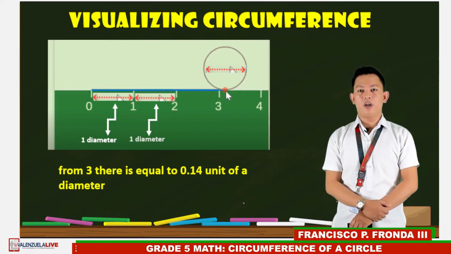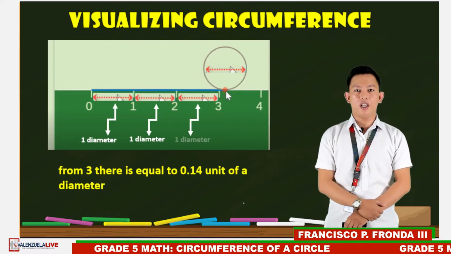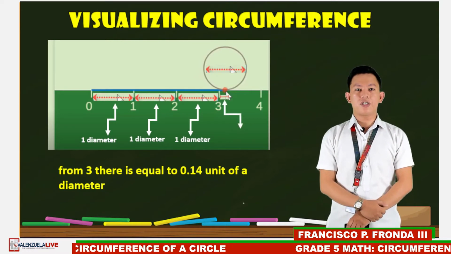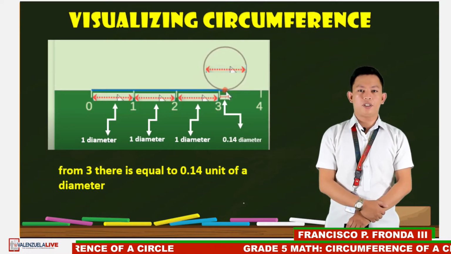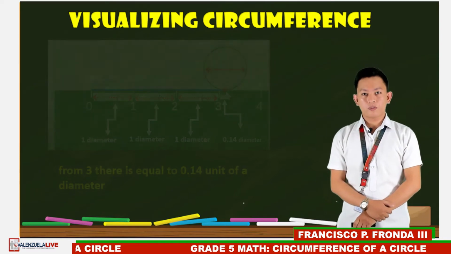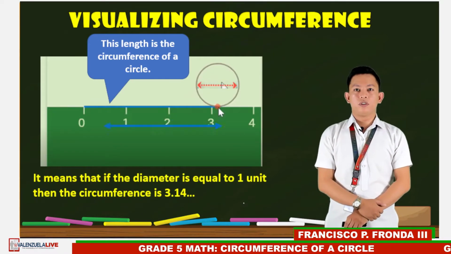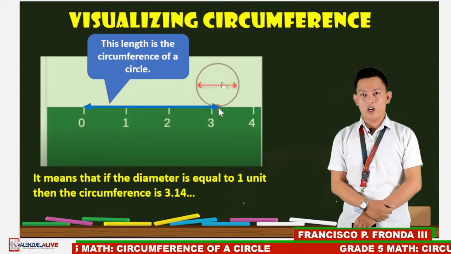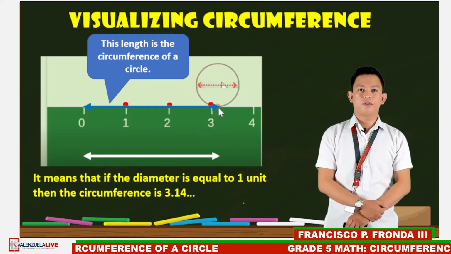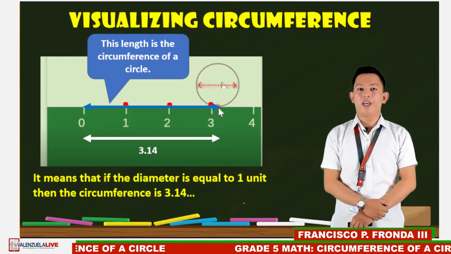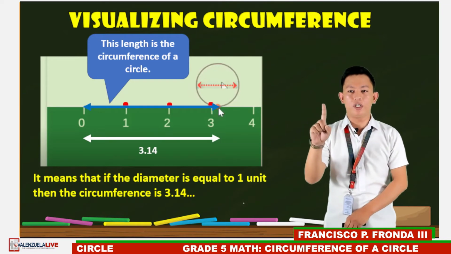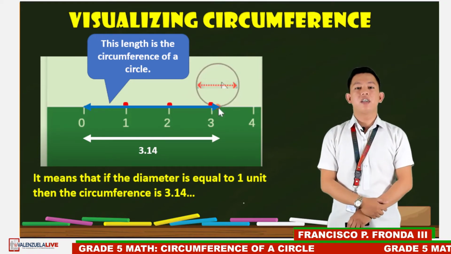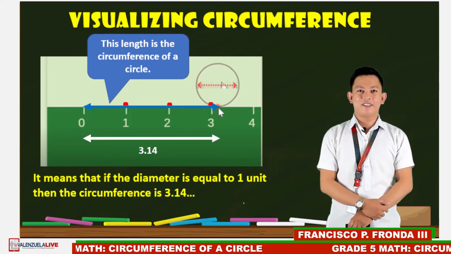So this would be 1 diameter, 1 diameter, 1 diameter, and 14 hundredths or 0.14 diameter. So this would be the length of the circumference of the circle. It means that if the diameter is equal to 1 unit, then the circumference is 3.14.